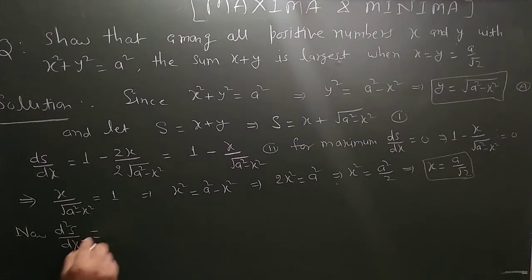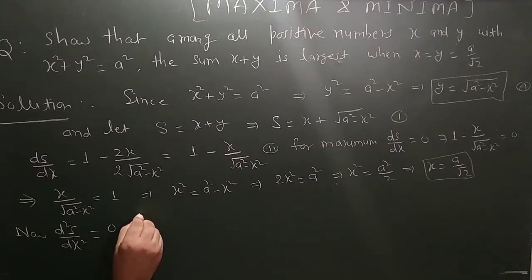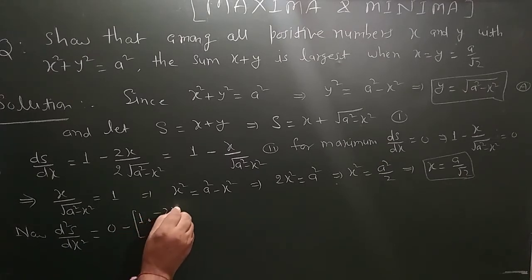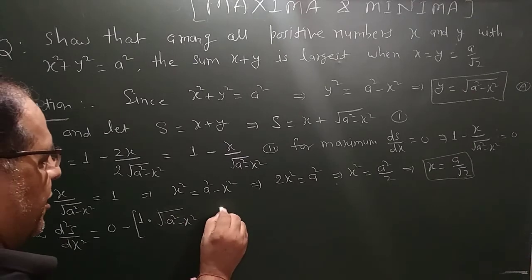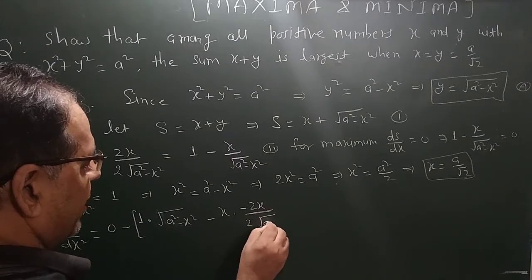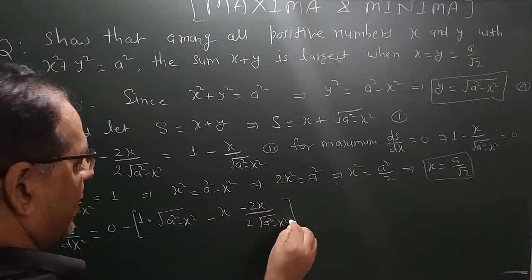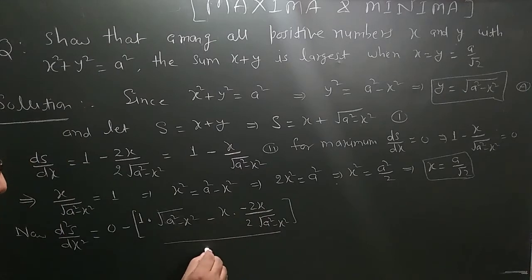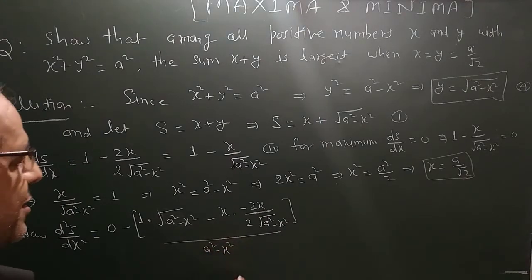So d2s upon dx square equal to 0 minus, applying the quotient rule, 1 into minus 2x upon 2 under root a square minus x square, the differential of the numerator, the denominator being the same, minus x into minus 2x upon 2 under root a square minus x square, upon the whole square of the denominator, that means a square minus x square.